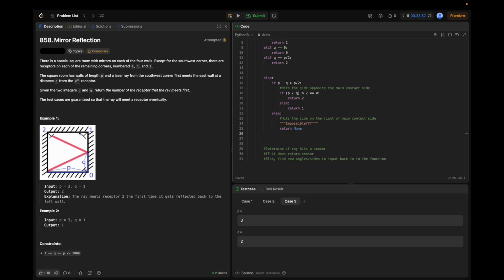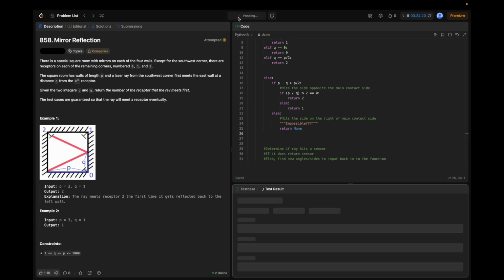And it would bounce around. I think it might hit 0 then, actually. Let me try that. 7, 3. I just want to see what the result is.